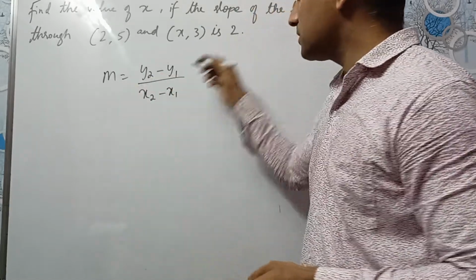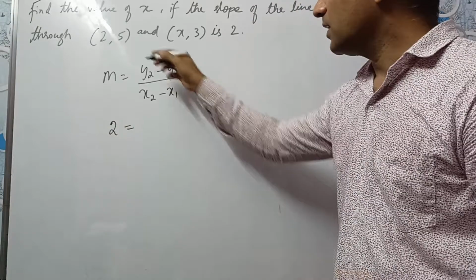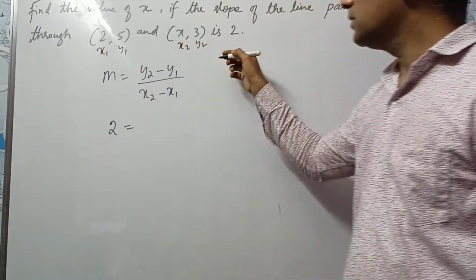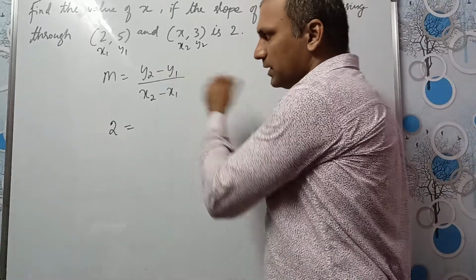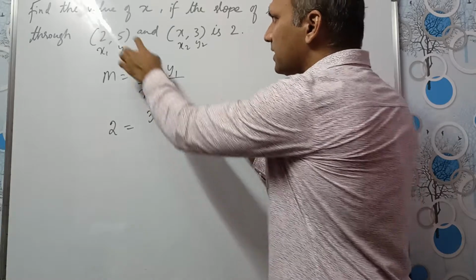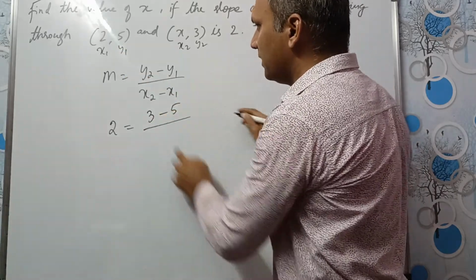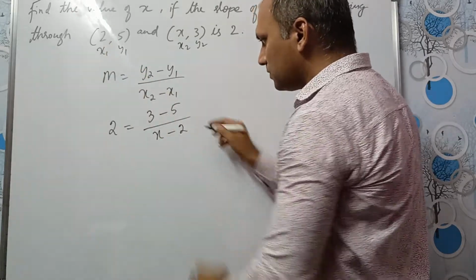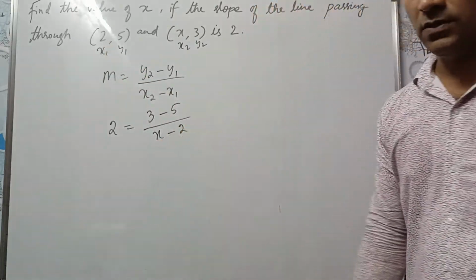So M is given to us, slope is equal to 2. If you take this as x1 y1, this as x2 y2, let us substitute it in the formula. y2 3 minus y1 5, divided by x2 x minus x1 2, is equal to 2. From here we should find the value of x.